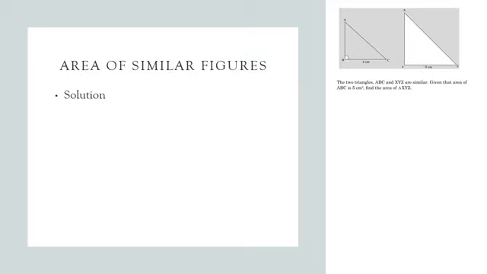We are given that the area of triangle ABC is 5 centimeters squared.